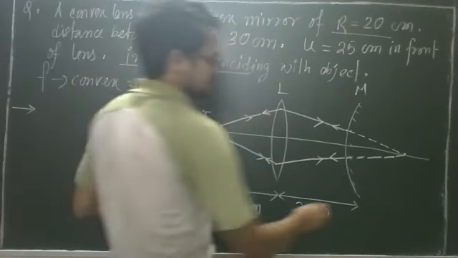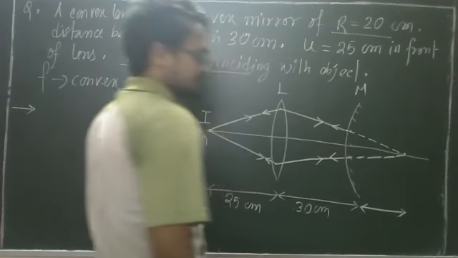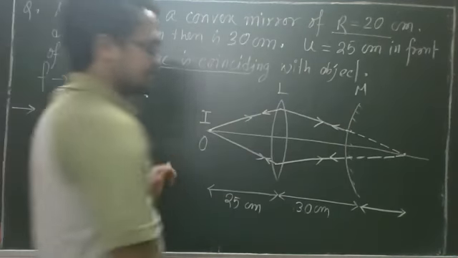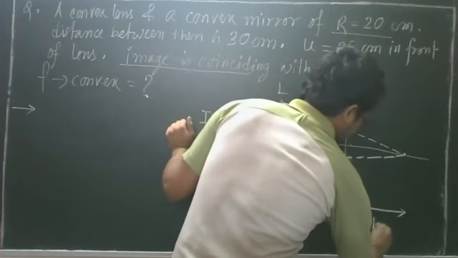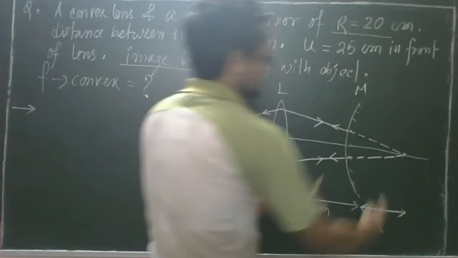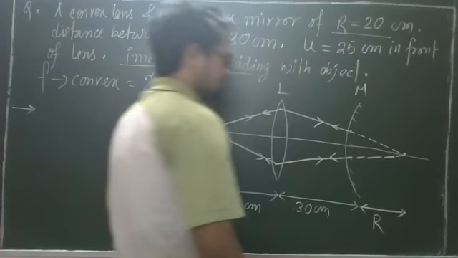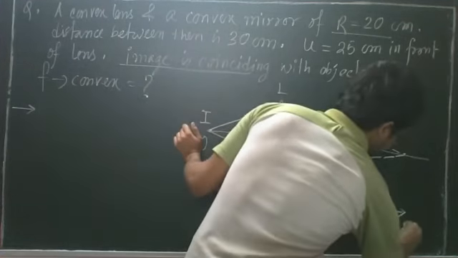That means this distance is the radius of curvature, and we know the value, that is 20 centimeters.